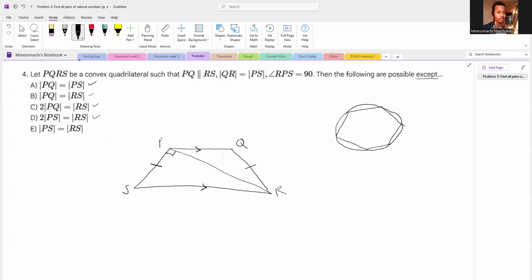And then if you look at half of this hexagon, since it's cyclic, the center of the circle is somewhere along this line, and then we can bring in the second radius of this hexagon.